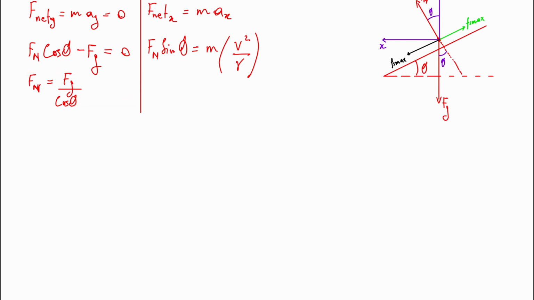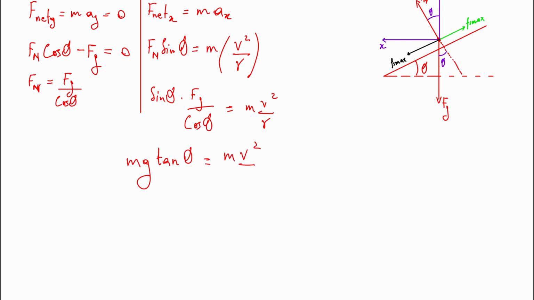What we learn from here is that sine of theta times the force of gravity divided by cosine of theta is going to be equal to mv squared over r. Now these two are going to combine to give us tan theta times mg, because that's what the magnitude of the force of gravity is. It's equal to mg. And then we're going to have mv squared over r.